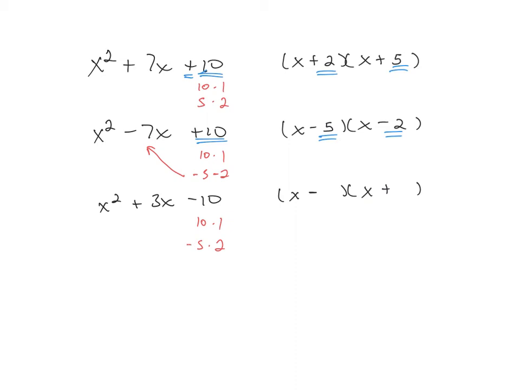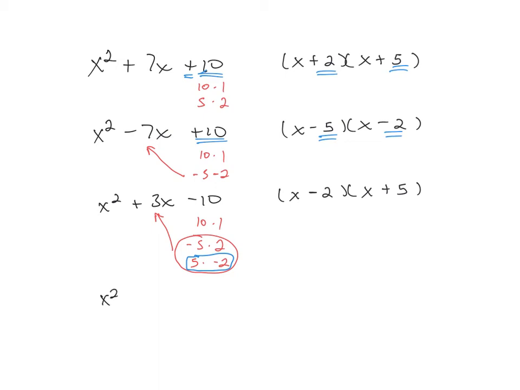Well, do I have -5 and +2, or do I have +5 and -2? Because both of those give me a -10. So really I have to look at which one of these gives me a +3. Okay, and it would be this one. So the 2 has to be negative, so I put that there, and the 5 has to be positive.